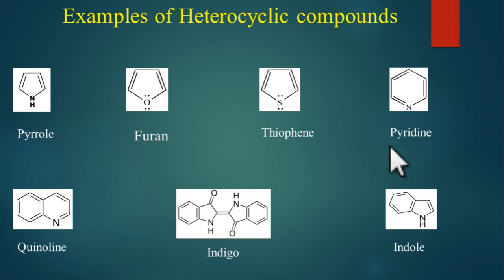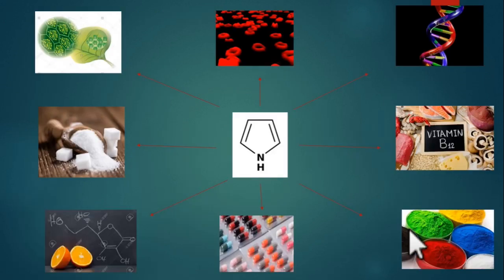Out of 5, 4 are carbon atoms and the other one is nitrogen, oxygen, or sulfur respectively. Similarly, pyridine is an example of a 6-member ring, and quinoline, indole, and indigo are examples of fused ring heterocyclic compounds.